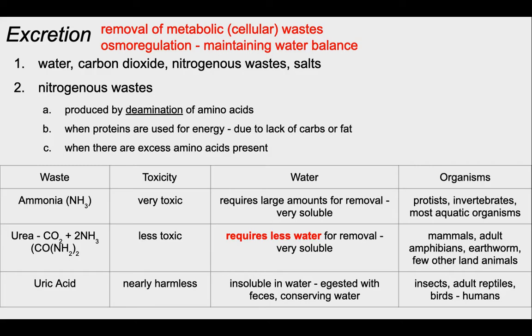And so many organisms will remove urea. Things like mammals, amphibians, earthworms. Most other land animals do not actually excrete nitrogen waste through urea. Many of them excrete nitrogen waste through uric acid.